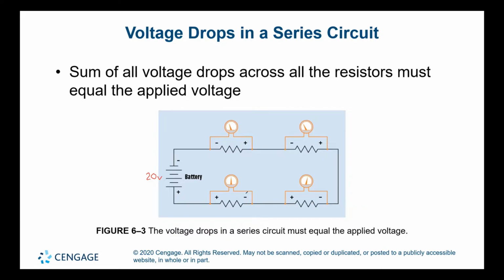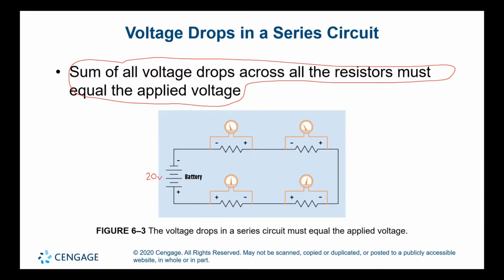So I'm gonna ask you that question, from this statement on the top. Then I'm gonna tell you that all these 4 resistors are of equal value. So if the sum of the voltage across these components has to be equal to the applied voltage, then how much is gonna be the voltage on each component?